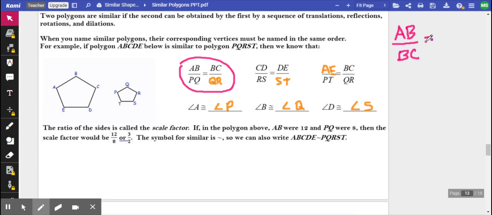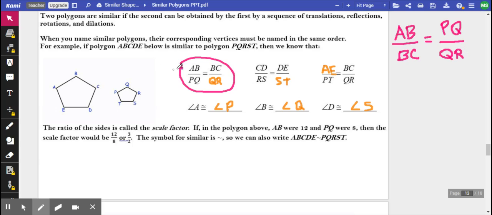So they're relating it up and down. And then the same thing, the AB and PQ would be on the top, and then QR would be on the bottom.